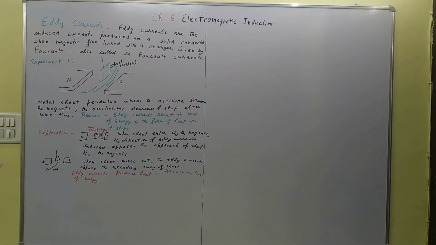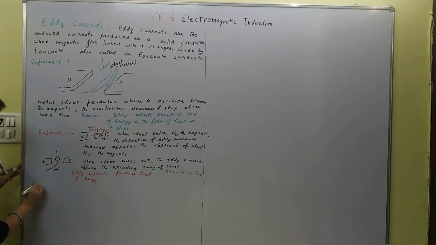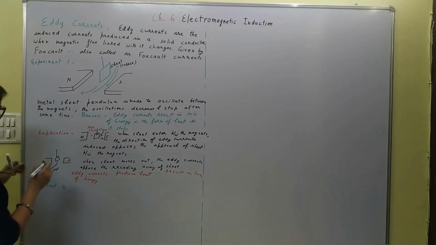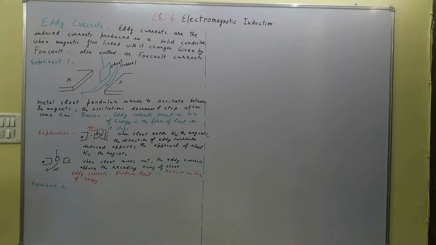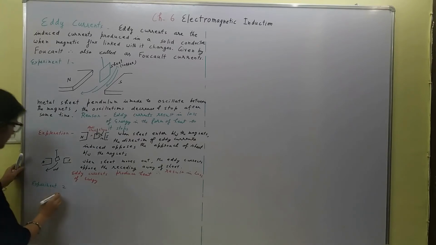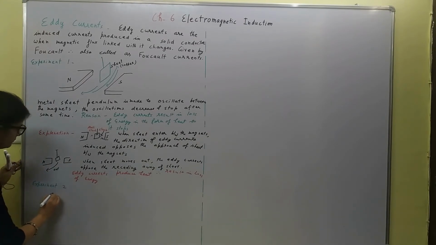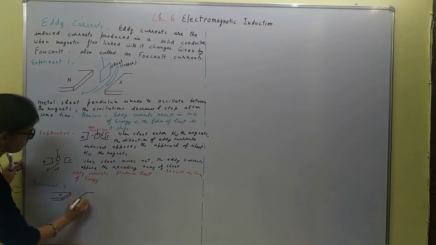Now we can understand the second experiment, where instead of the solid sheet, it is made comb-like. Some cuts are made in the sheet. Then it is observed that the oscillations last longer. This is north, this is south.